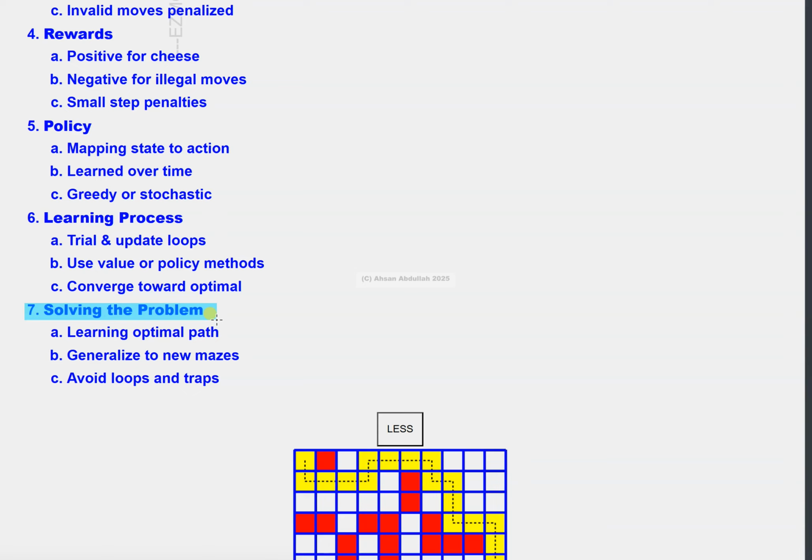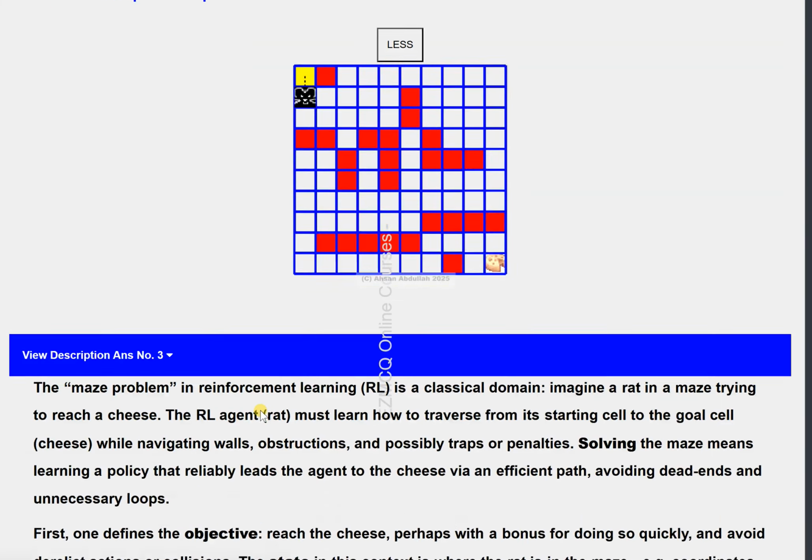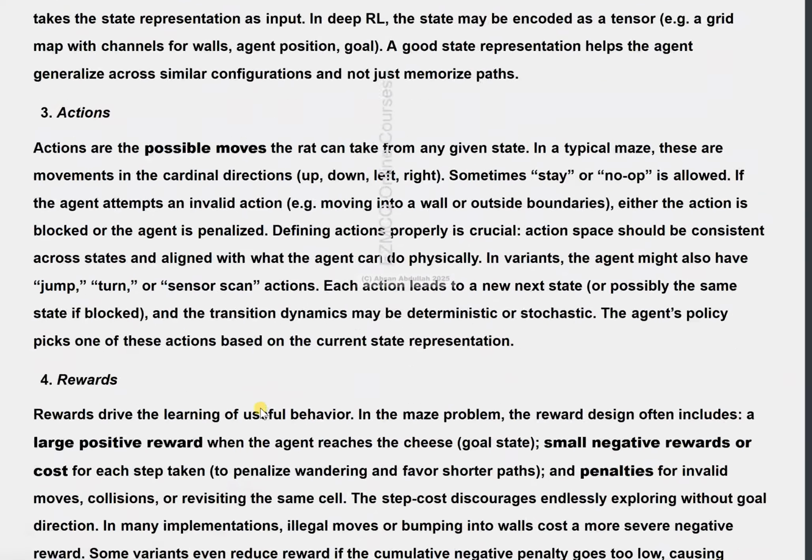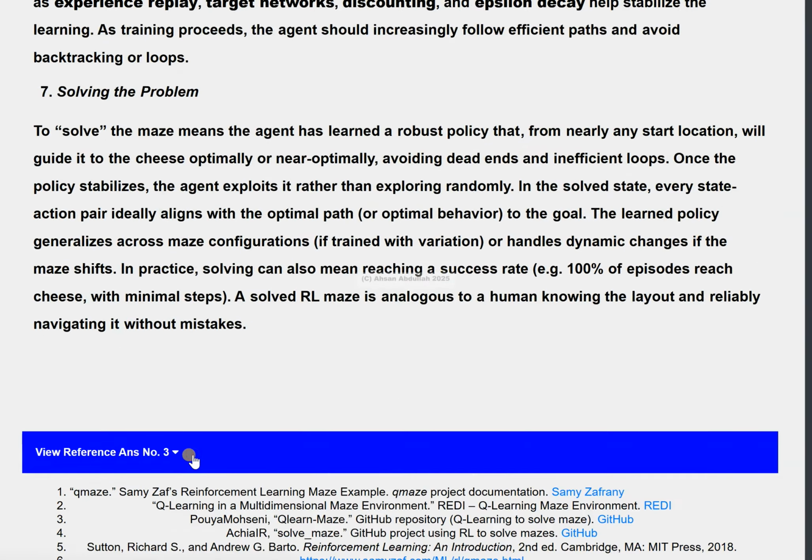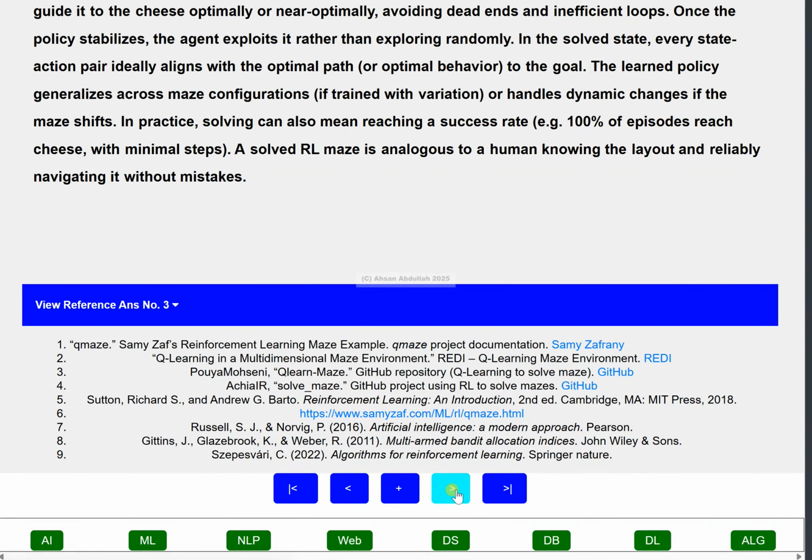So a solved reinforcement learning maze setup often yields a high success rate and near optimal paths, what you were seeing. The learned solution should generalize, and it should adapt to slight changes in the maze also. All right. So this is what it is, and here are the details. You should read these details, and here are the references.